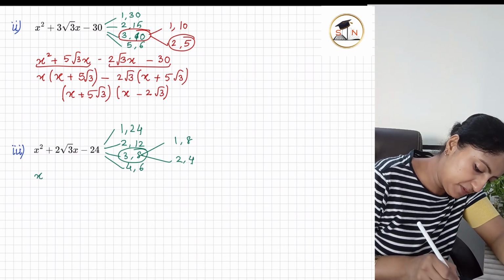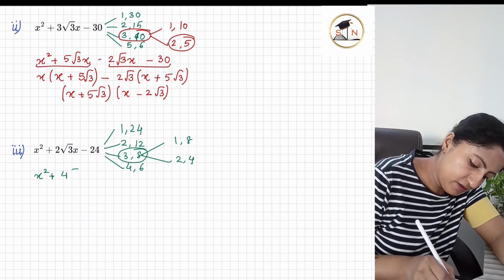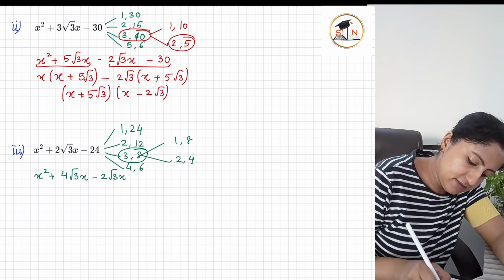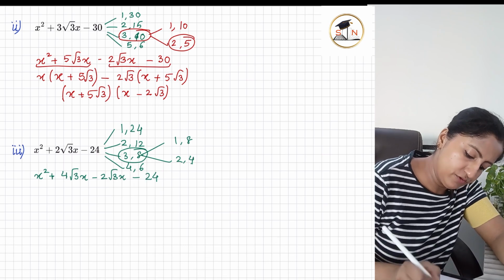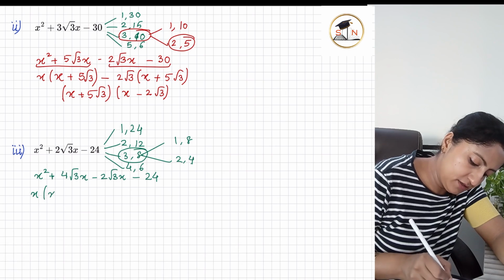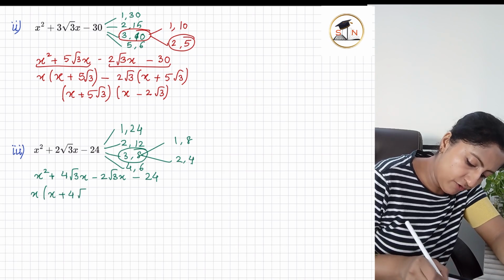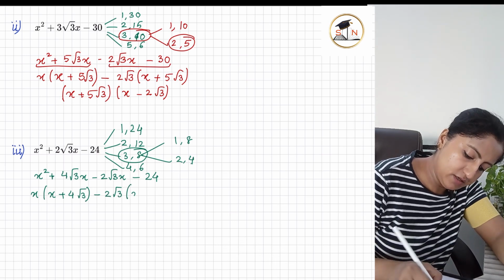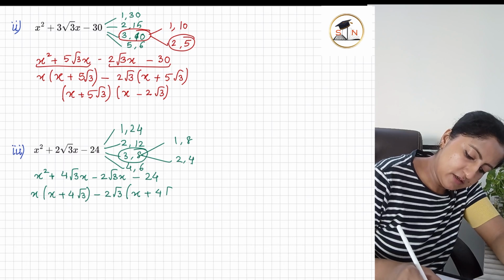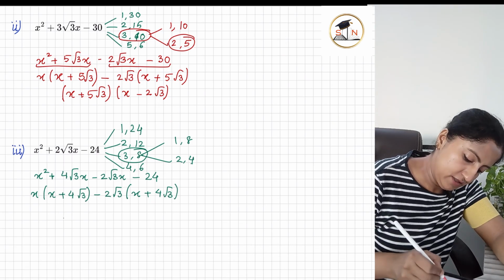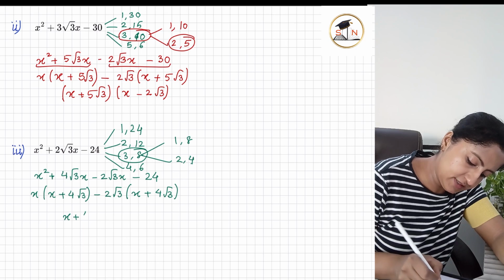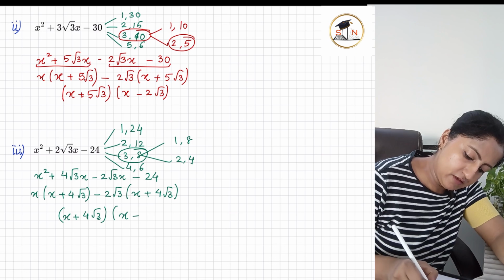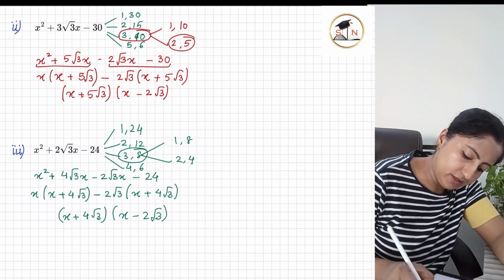So let's do the splitting now. x square plus 4 root 3x minus 2 root 3x minus 24. x common, x plus 4 root 3, minus 2 root 3, x plus 4 root 3. The final step, writing down the final factors: x plus 4 root 3 and x minus 2 root 3.